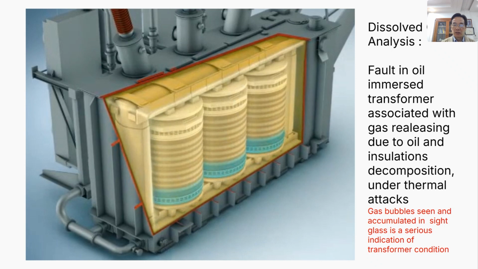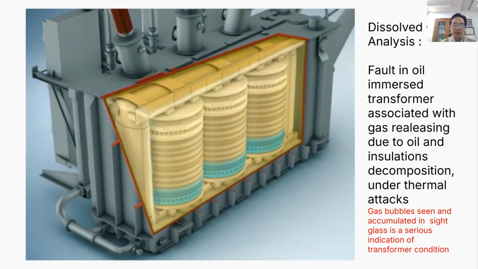So the content of gases inside the oil will indicate, and that information will help us to predict the situation, the faults that may be developing inside the transformer.